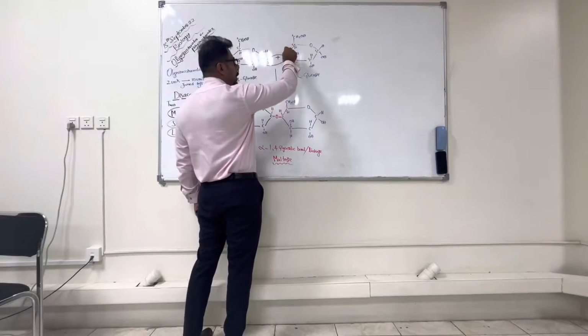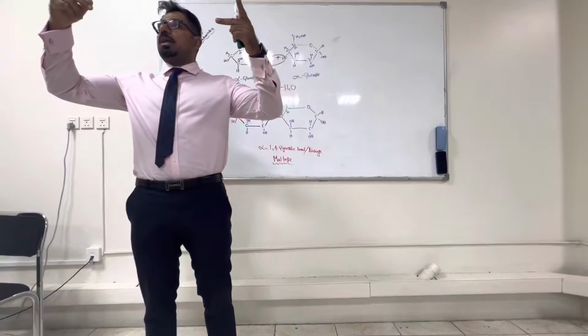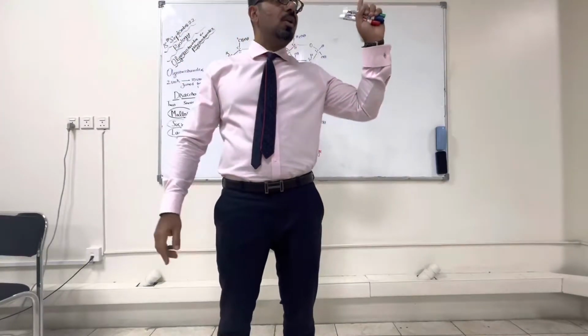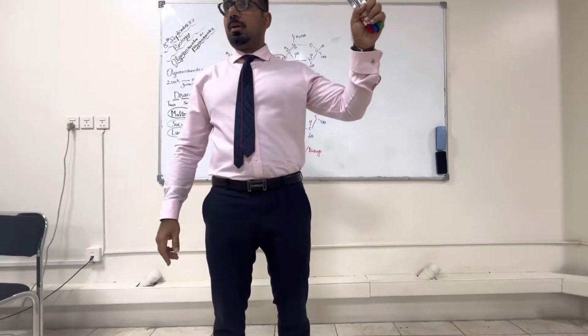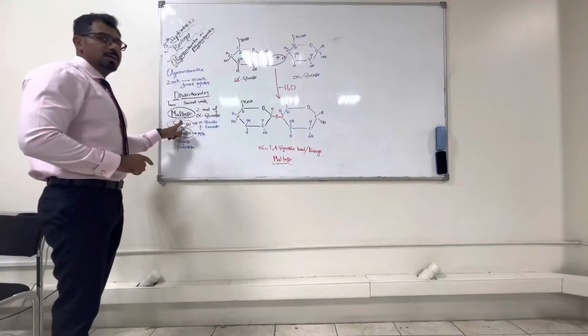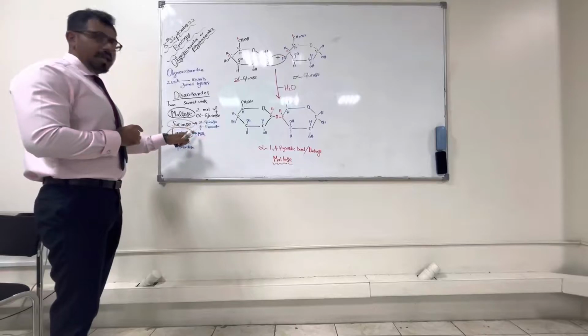This hydroxyl is also up and this hydrogen is also down. So there is shifting of hydroxyl going up at position number 1 and also position number 4. Alright?